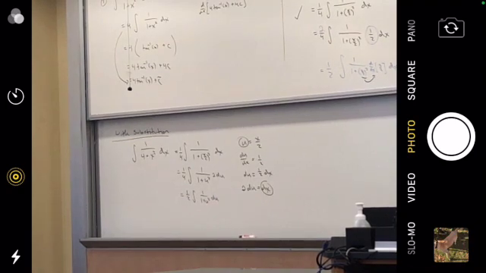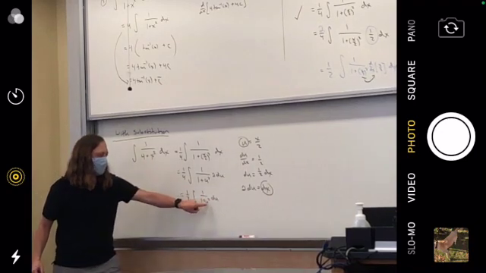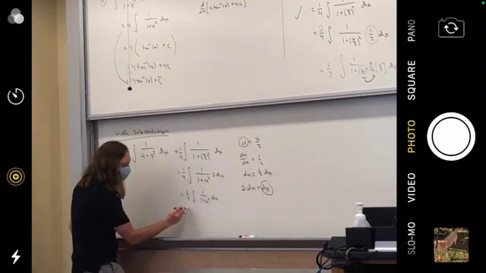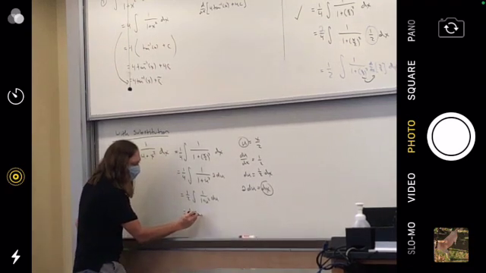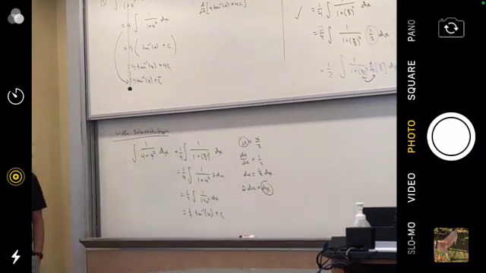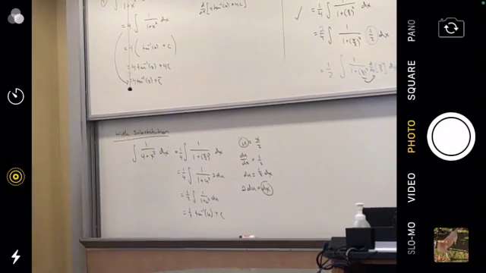Inverse tangent of u. Inverse tangent of u. So this says the variable I care about is u. So if I were going to undo this, the antiderivative is the inverse tangent, but I'm using the variable u now. So then what's the last step?